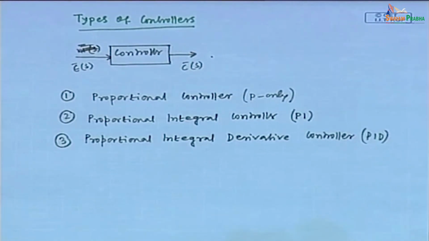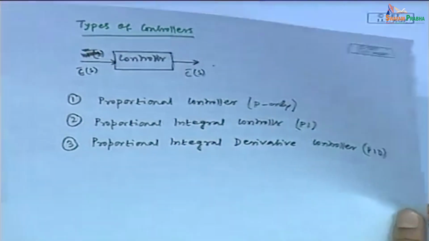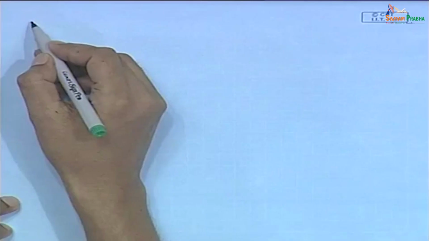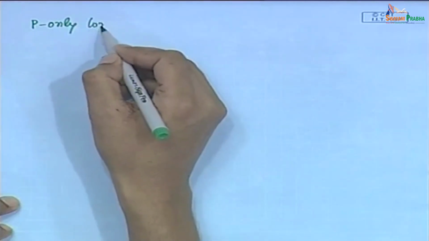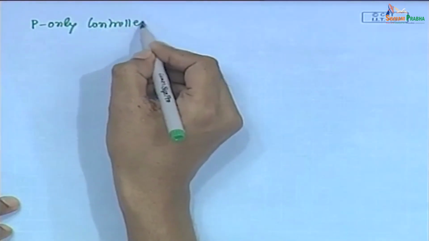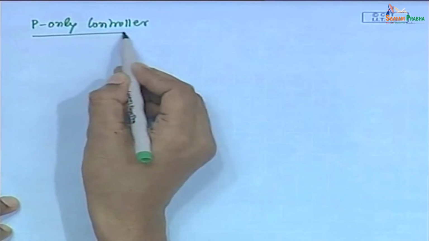Fine. These are the basic feedback controllers and we will discuss one by one. So, first we will consider proportional controller. First we will discuss proportional or P only controller.